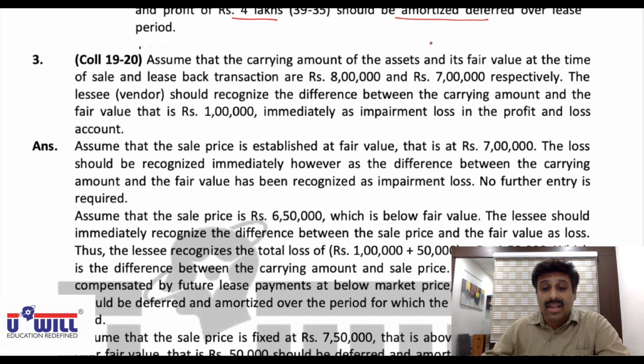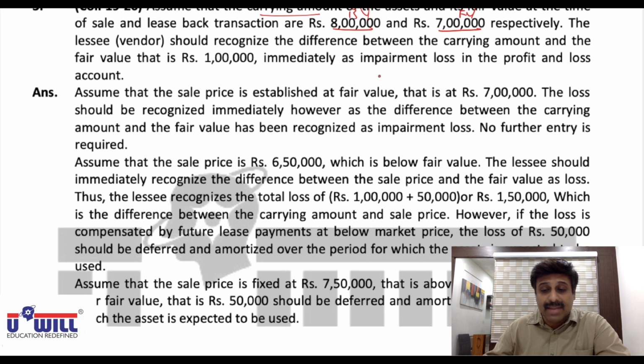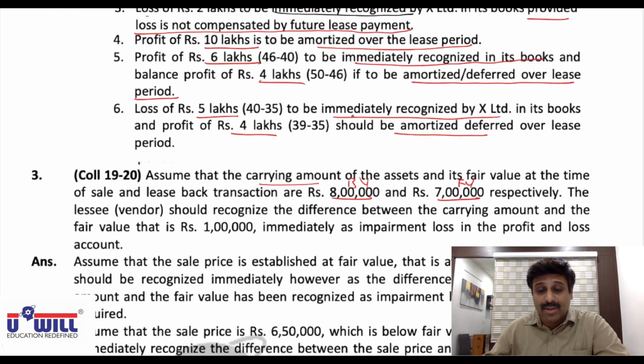In question 3, at the top you can see that the carrying amount, meaning book value, is 8 lakhs and fair value is 7 lakhs. Initially no selling price is given, so for this 1 lakh you have to draw the diagram and compare it. Selling price is not mentioned, so it is just the difference between book value and fair value.